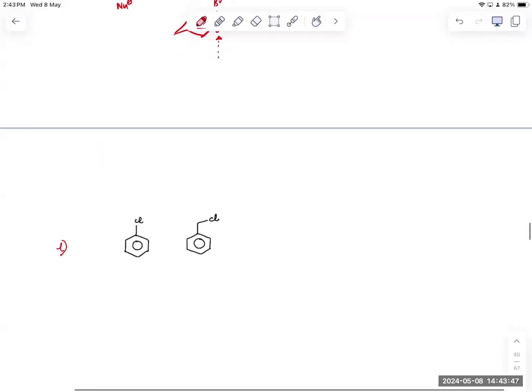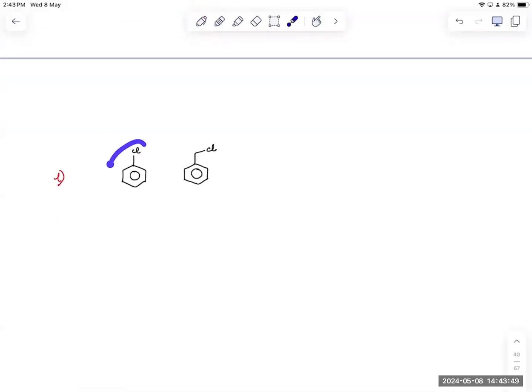Between these two, if you notice, this is benzyl, this is phenyl. So benzyl is better than phenyl, again due to support on the transition state.